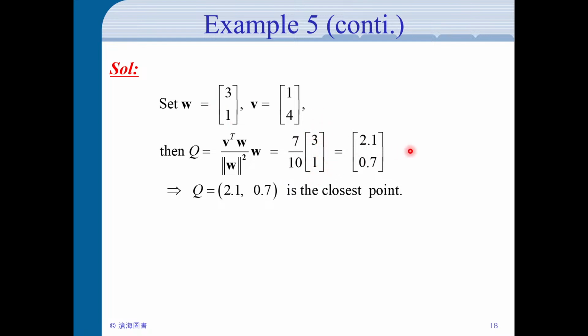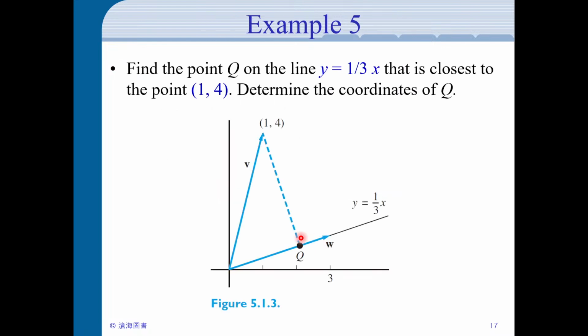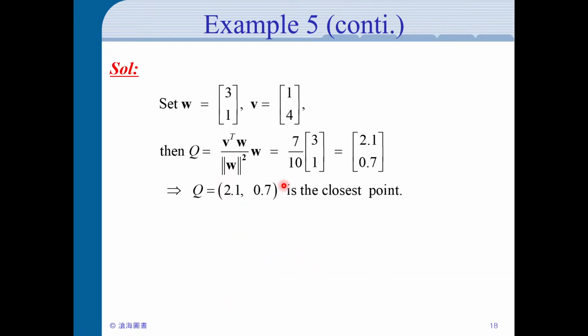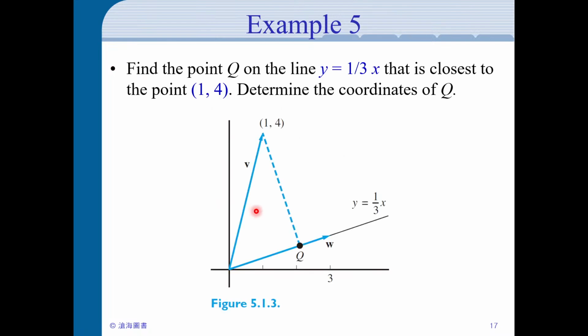So that's (2.1, 0.7). That's the projection. And by a little geometry, we also know the projection is the closest point, so when we find the closest point, we have found the projection.